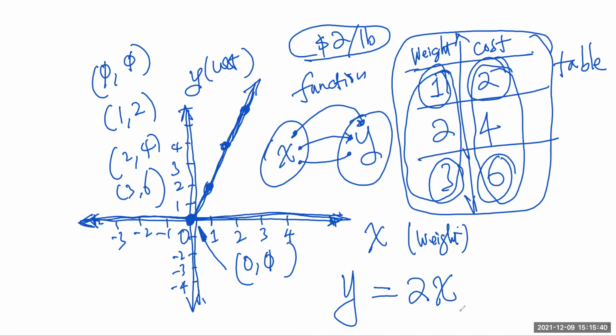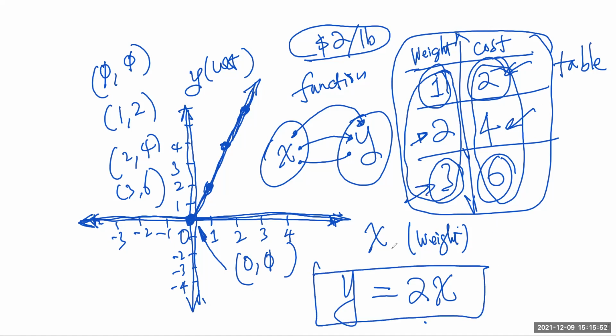So y equal to 2 times x. When x is 1, we got 2. When x is 2, 2 times 2 is 4. When x is 3, 3 times 2 is 6. So this perfectly describes the relationship here. As a matter of fact, this is way more powerful because this shows an infinite number of points.